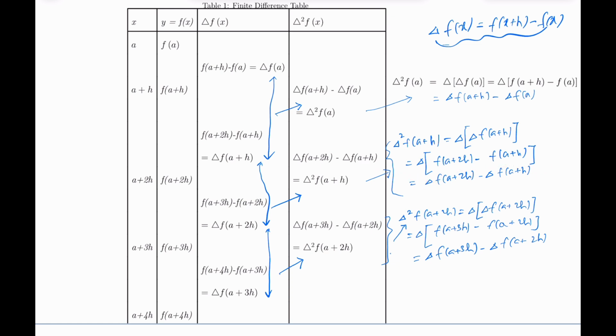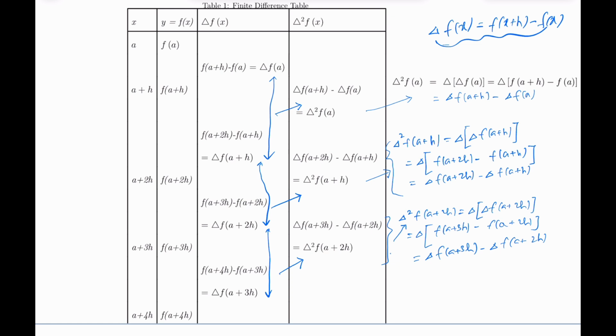Clear? Finally, the second order difference of these two is delta f(a+3h) minus delta f(a+2h). We have written it as delta square f(a+2h). Why? See here. Delta square f(a+2h) is equal to delta of delta f(a+2h).